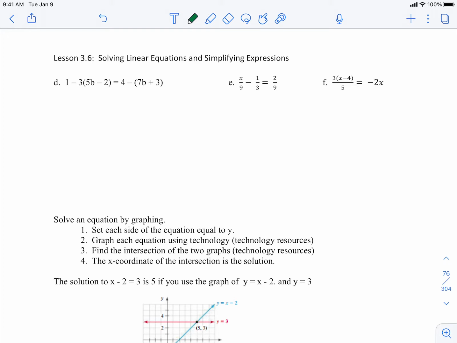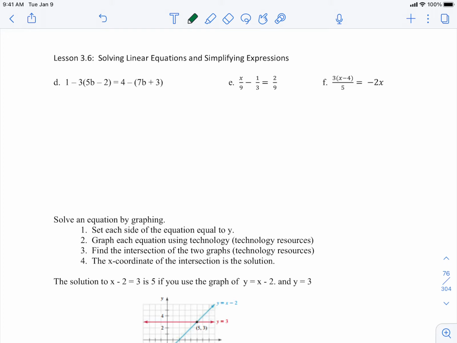So we're continuing here. Now we have some that are a little bit more complicated as we're solving. For D, we have to distribute first. Then we can combine our like terms. So I have 1 minus 15b plus 6 is equal to 4 minus 7b minus 3.